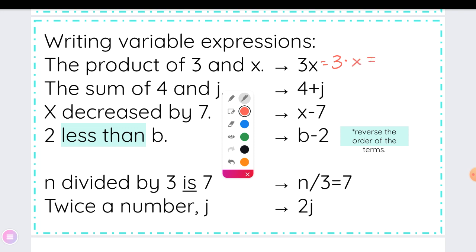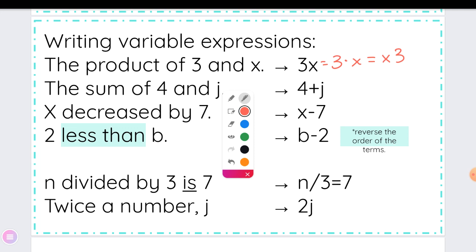Now, because you guys don't have a good understanding of this yet, because today's the first day you're seeing it, and you're not going to have a good understanding of it by the end of today, you're just getting the basics of it. But this is not an appropriate way to write x times 3. We can only do the invisible multiplication sign if the number is in front.